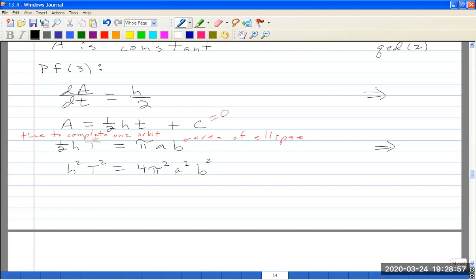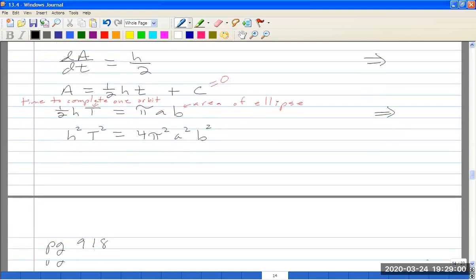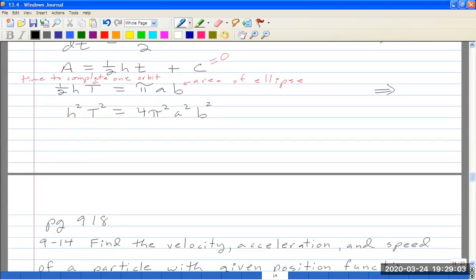Well, h squared is GM b squared over a. And so I get that t squared is equal to 4 pi squared over GM times a cubed.